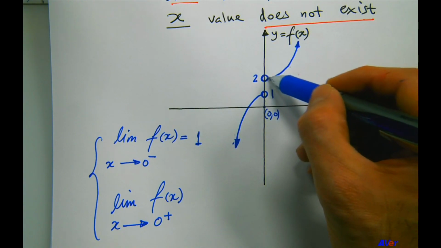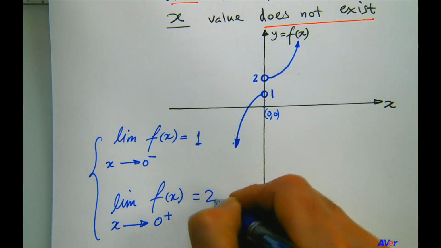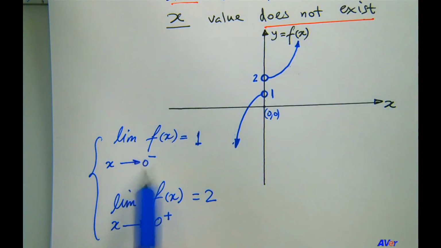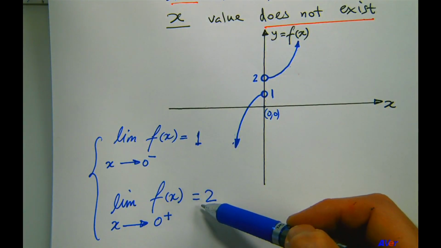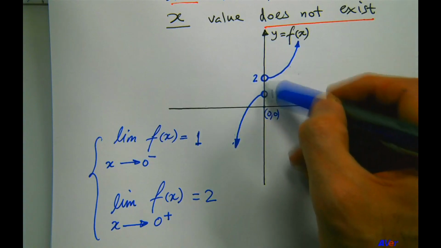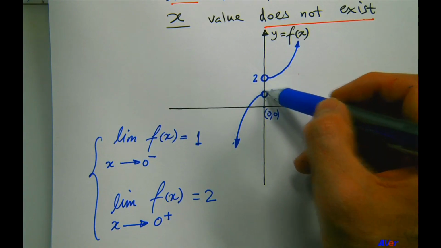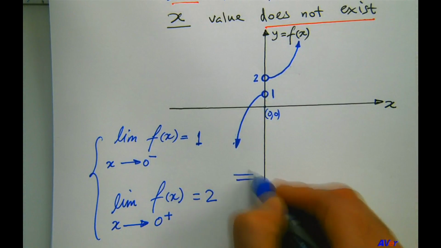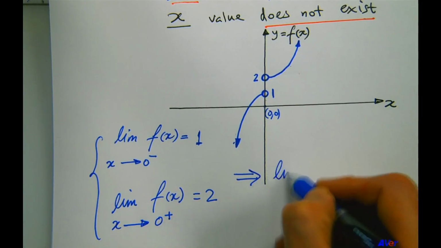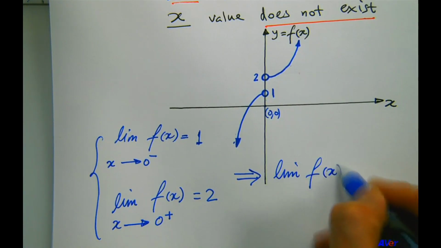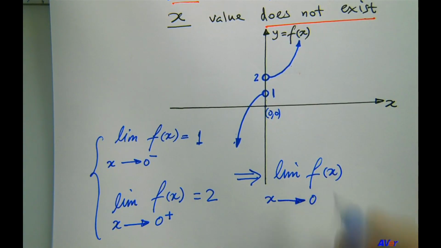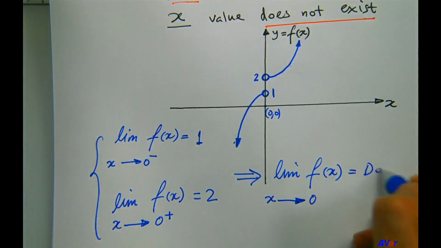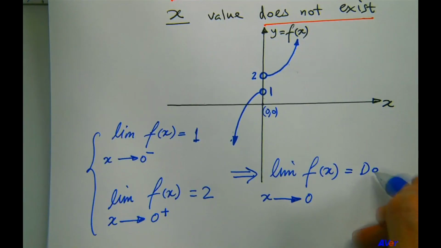So what happens to the value of the function? It approaches 2. So looking at the limit from the left and from the right, we don't get the same numbers. Mainly it's because of this gap, right? So therefore, in situations like this, the limit of the function f of x as x approaches 0 from both sides, again, does not exist.